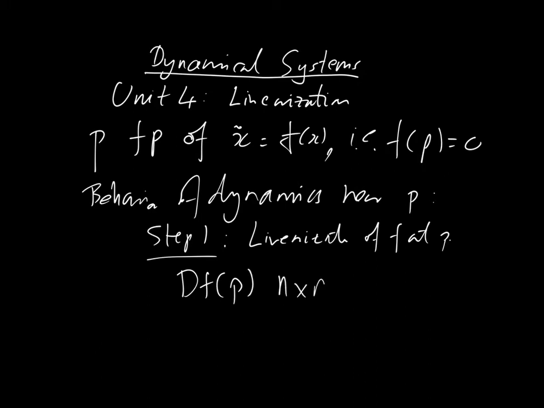An n by n matrix? It is the Jacobian matrix. And it turns out that much or almost all of the information we need to understand the dynamics near P is given in df of P.